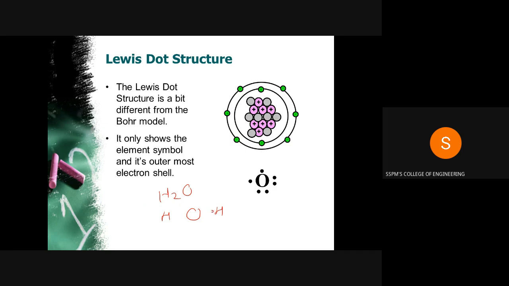Then another hydrogen has one dot. And oxygen has 6 dots. So this is a Lewis dot structure of H2O.